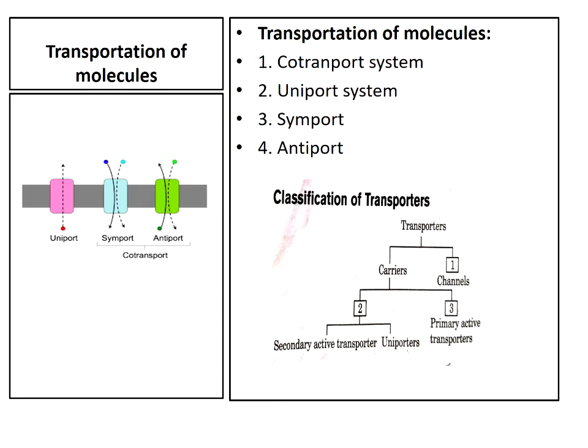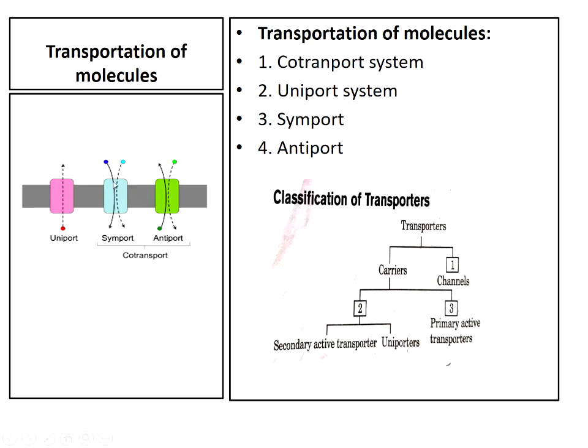Second one is the uniport system. In this system, one type of molecule moves bidirectionally. Third one is the symport. Here, in the symport, solutes move in the same direction.